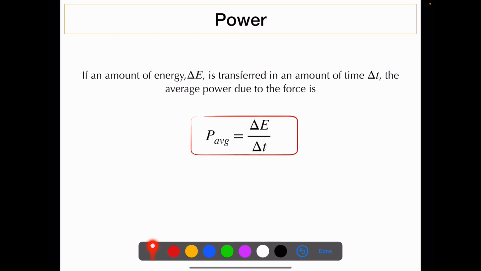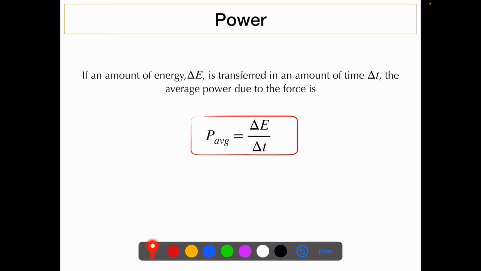Okay, power can be defined as the amount of energy transferred in a given time. The average power due to a certain force can be represented like this: if the amount of energy transferred is delta E during the time delta t, then average power will be equal to delta E divided by delta t, meaning the total transfer of energy during the total time.